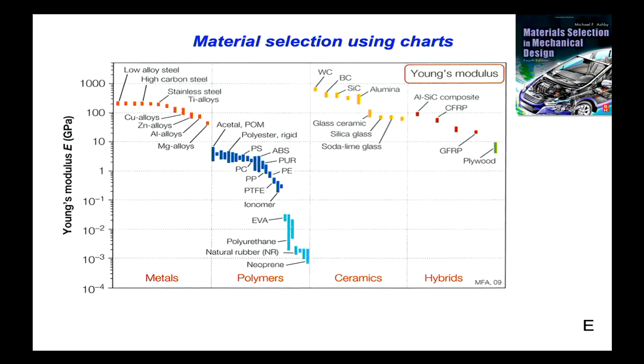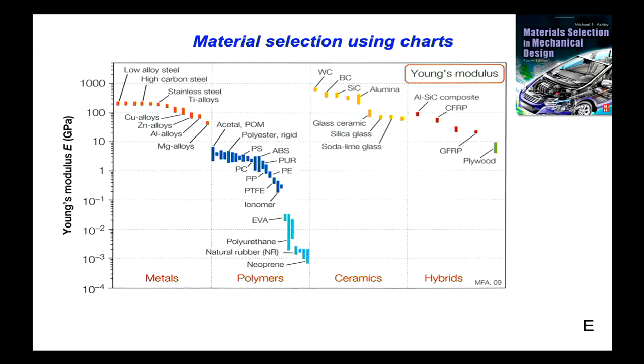See if I can find one. Steels, it's pretty narrow, about 210 gigapascals or thereabouts. There is variation, but not a lot. You can see they're very thin. But we can look at copper. It's a lot bigger. We look down here to some of these polymers and there's huge variation in stiffness.